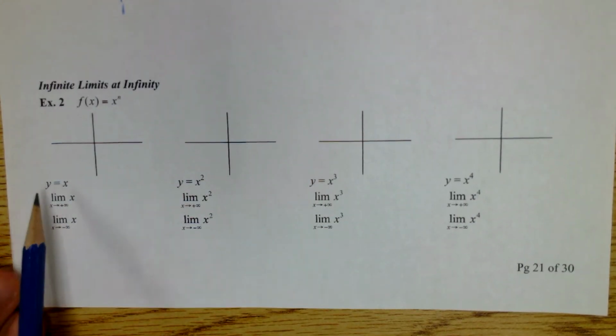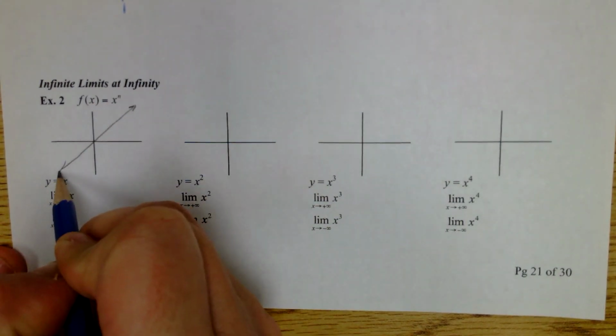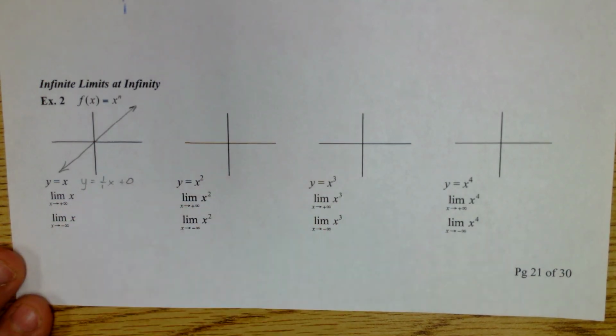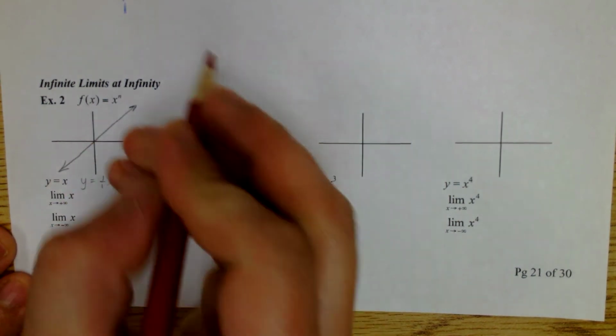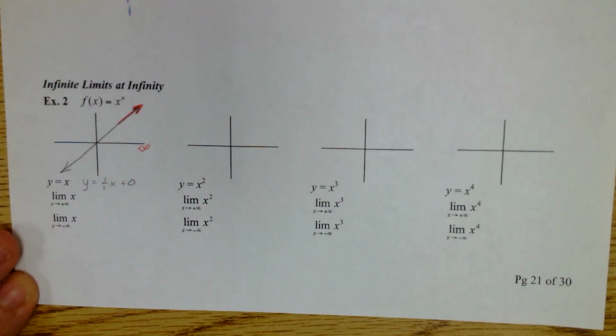The first example is y equals x. This is a line. y is equal to 1x plus 0, in case you forgot. Now, as x approaches positive infinity, here's the x-axis. What we're talking about is the behavior over there to the far right.